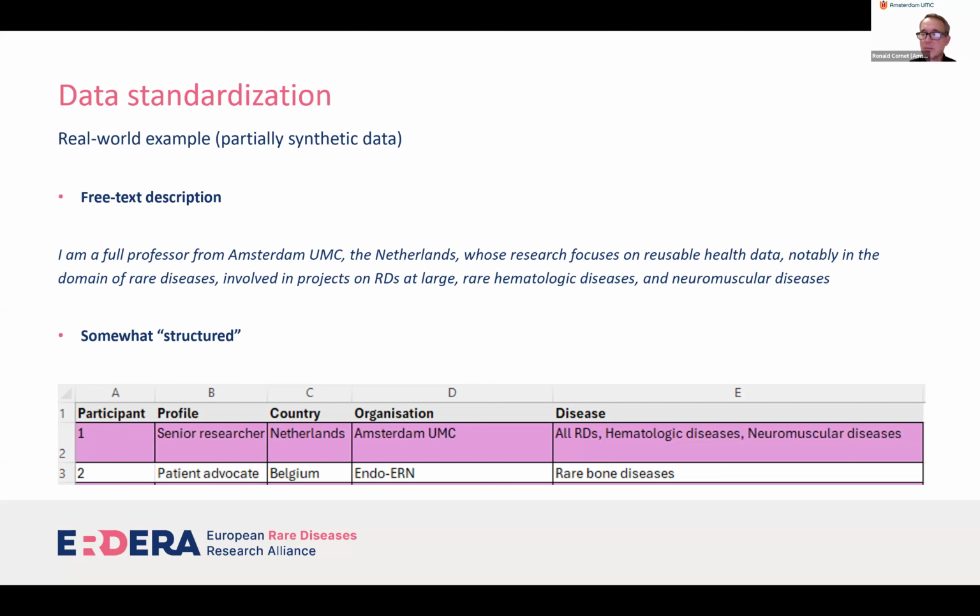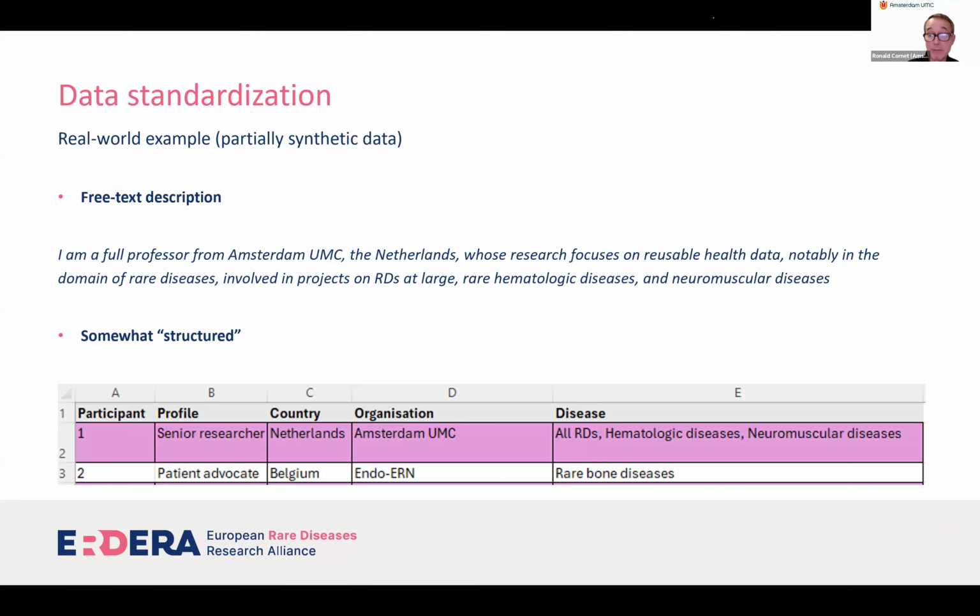So this structuring is basically another representation than, in my case, a free text description, which we often have in patient records describing things. In this case, something like me being a full professor from Amsterdam UMC, the Netherlands, with a research focus on reusable health data in the domain of rare diseases, with projects on rare diseases at large, rare hematologic diseases, and neuromuscular diseases.